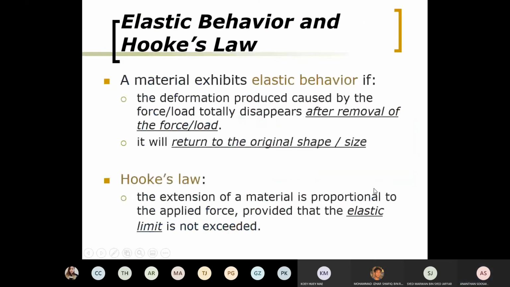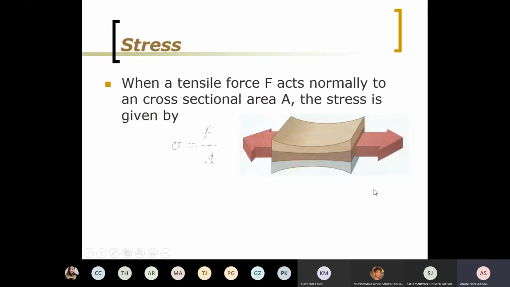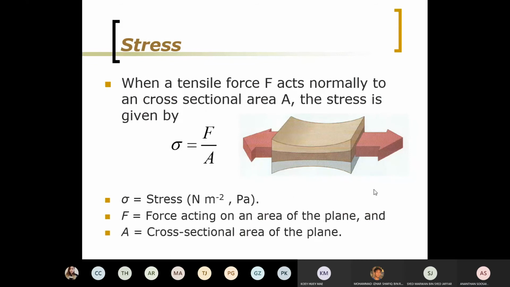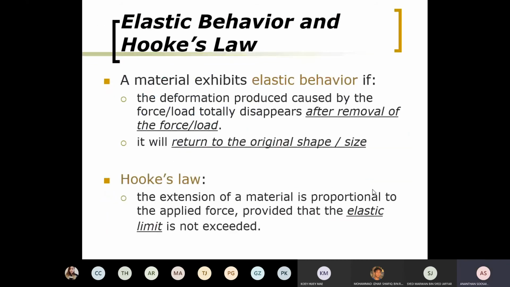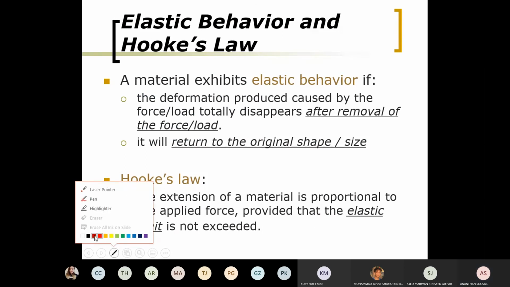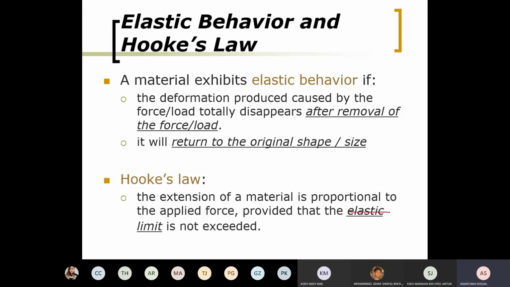Let me show you. Where's the limit of proportionality? So the elastic limit, you have to change to limit of proportionality. You can't write elastic limit anymore. It must be limit of proportionality.